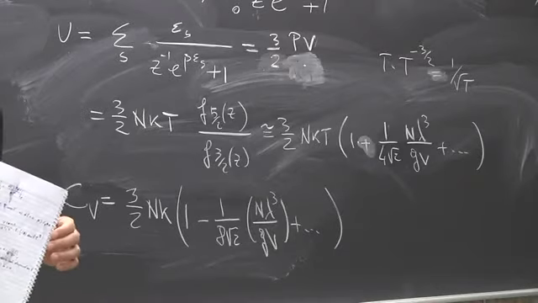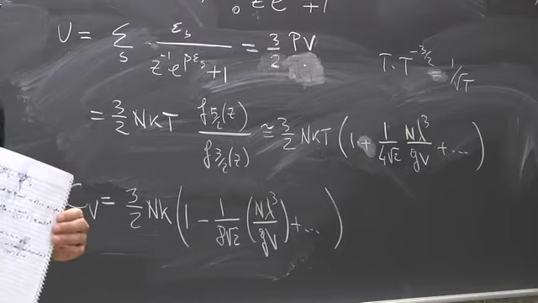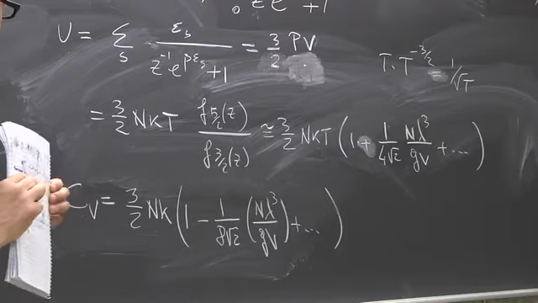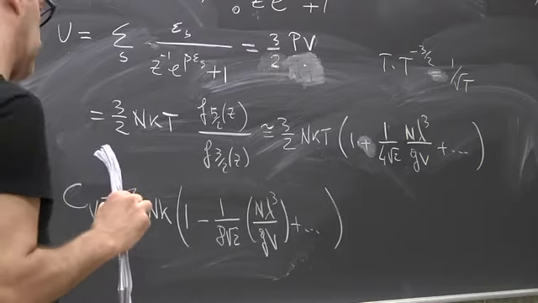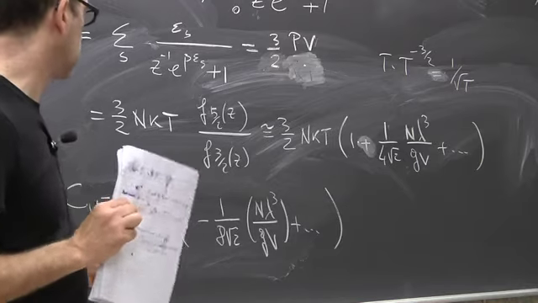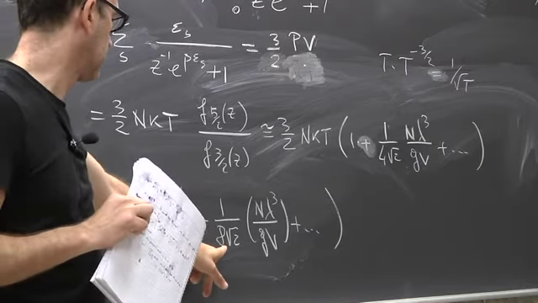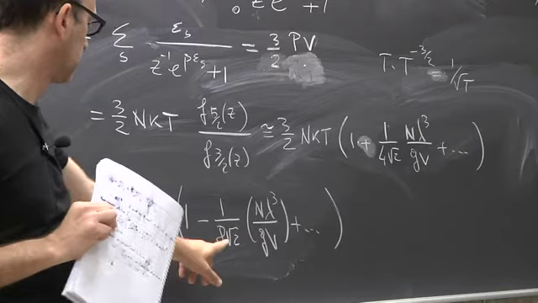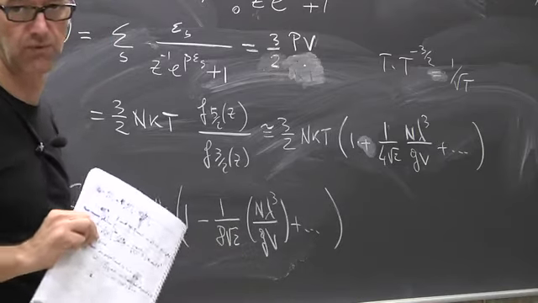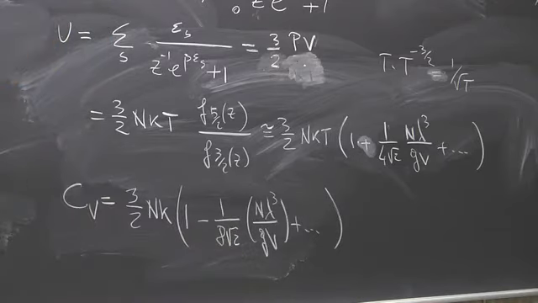So you see the specific heat is smaller than what you get as a correction which is negative. So it's slightly smaller than what you get in a classical ideal gas.